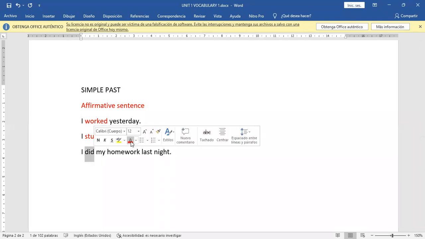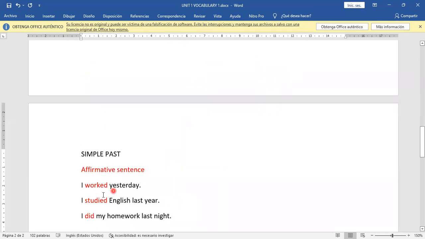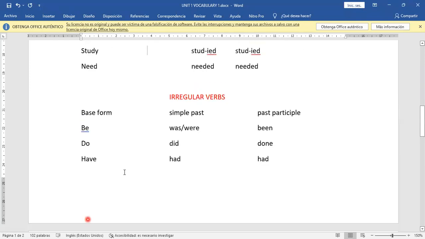You know, we are using the simple past: worked, studied, did. The verb in the simple past.